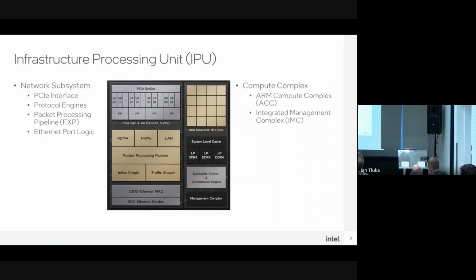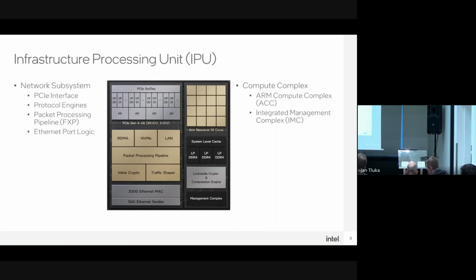Furthermore, since it comes with a Linux distribution, you can run any type of application, like control plane functions or monitoring functions. Therefore, ACC can be used for not only data plane paths, but also control plane paths. On the bottom right, IPU has a separate, isolated and secure management subsystem called IMC.